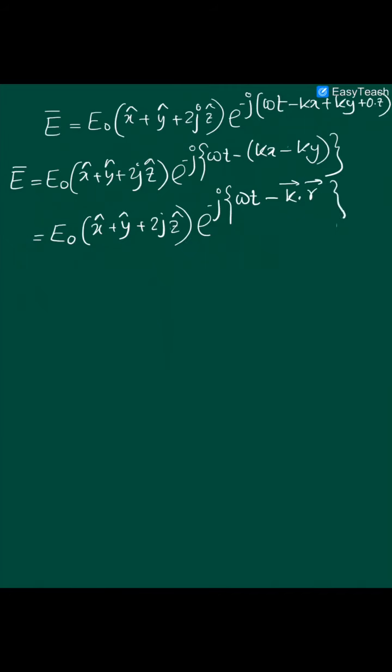Here r vector is the position vector, which you can write as x into x cap plus y into y cap plus z into z cap. And k is the propagation vector, and its direction is the direction of wave propagation.